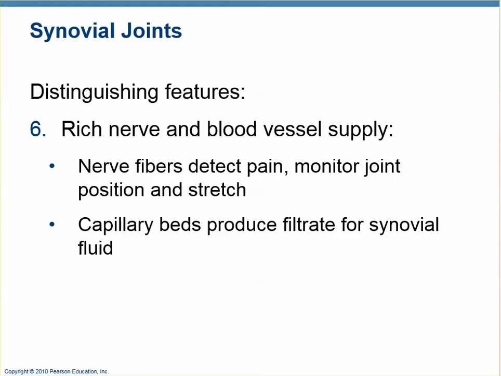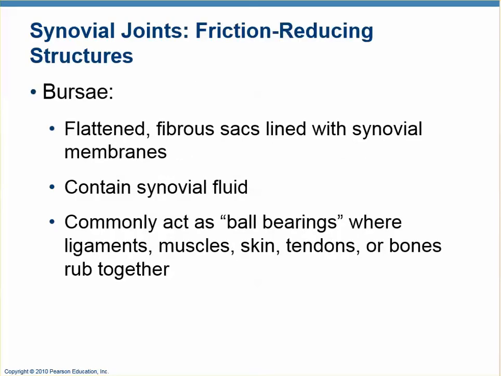Now, some synovial joints have extra features. They have things that not all synovial joints have, and these are specializations for that specific joint and what it's going to do. A lot of them have structures called bursae. Bursa, burse, and purse are the same thing.